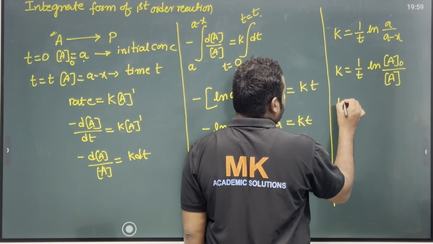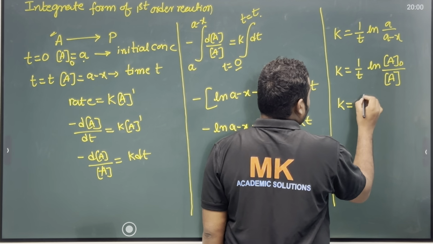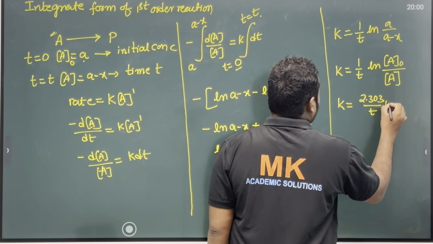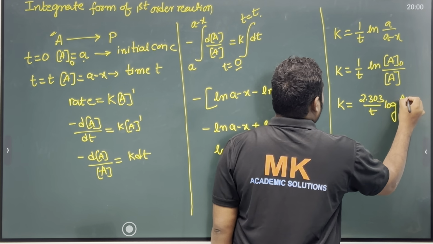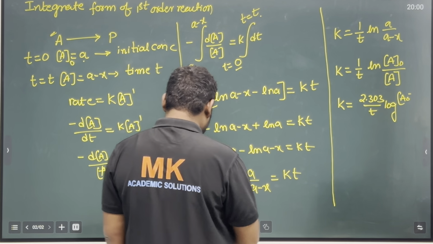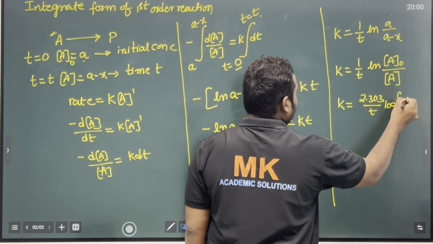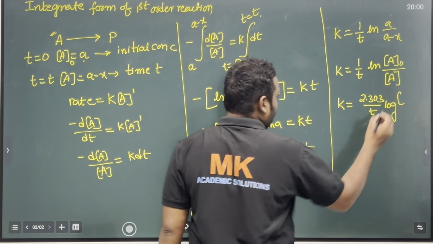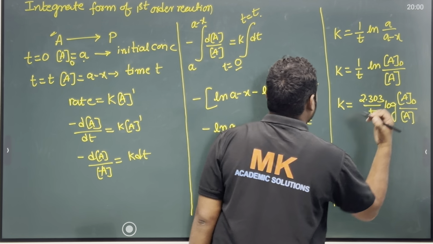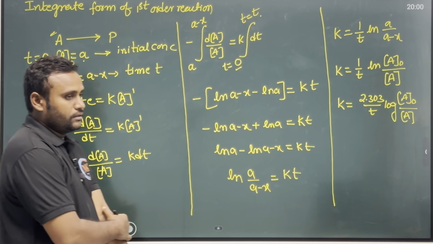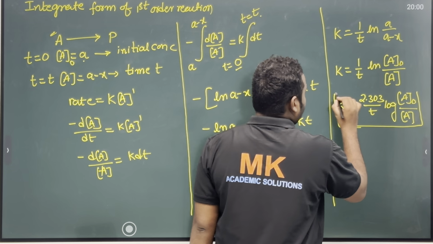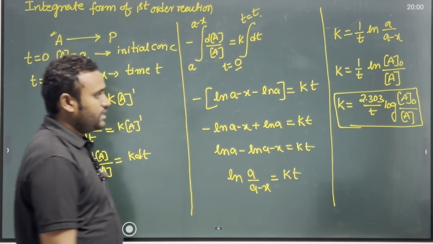It becomes K is equal to 2.303 by t log A naught by A, the concentration at initial time and concentration at time t. This is known as the integrated equation of first order reaction.